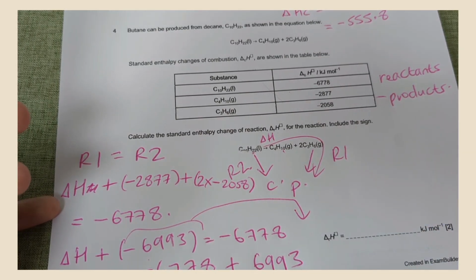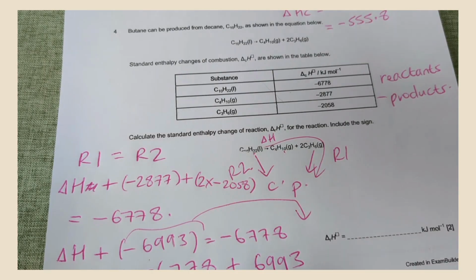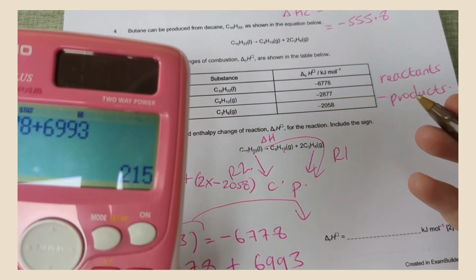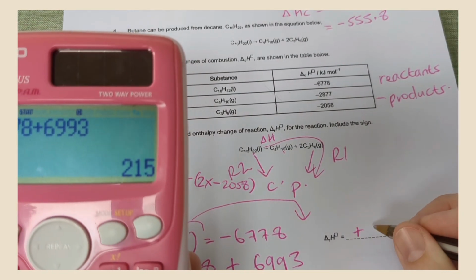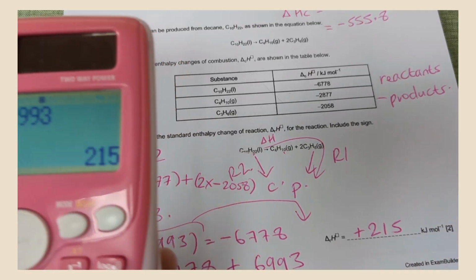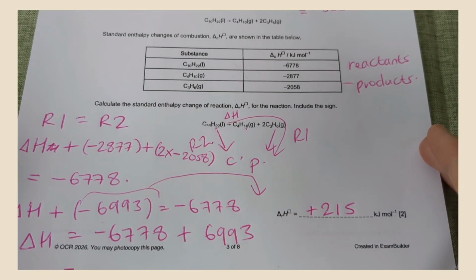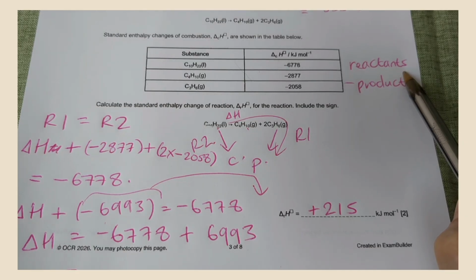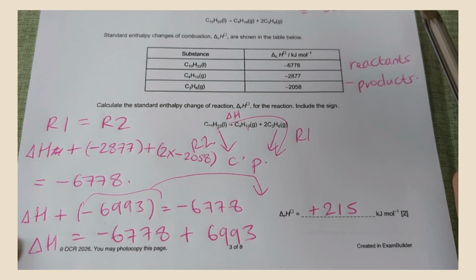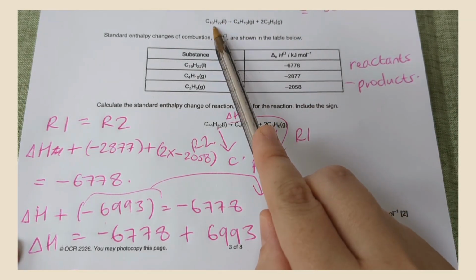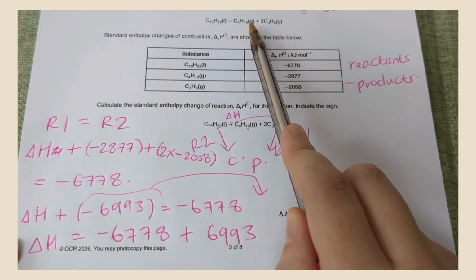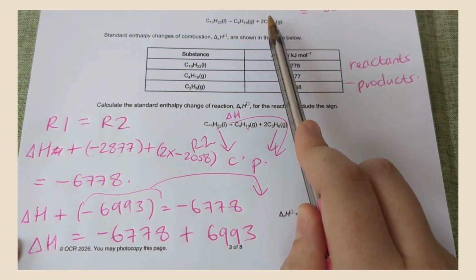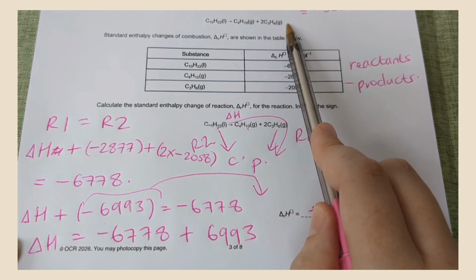So you can see we're going to end up with a positive enthalpy change because this number's bigger. So the enthalpy change is positive 215. And if you did want to try the equation method, it's reactants minus products. So the value for decane, take away the value for butane and the value for 2 of the propene.